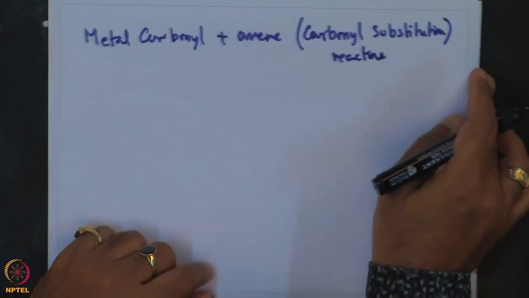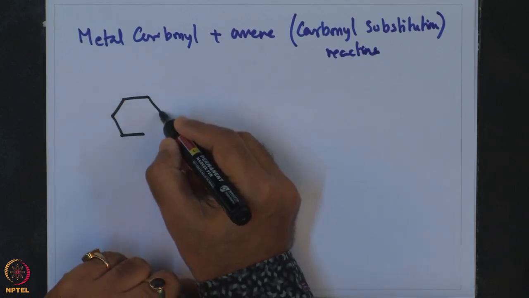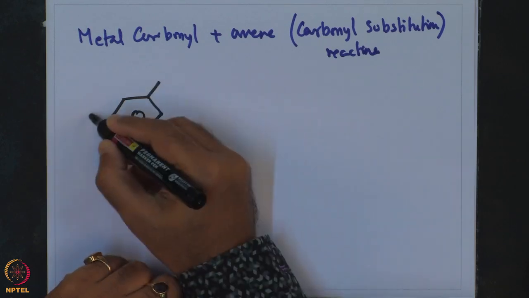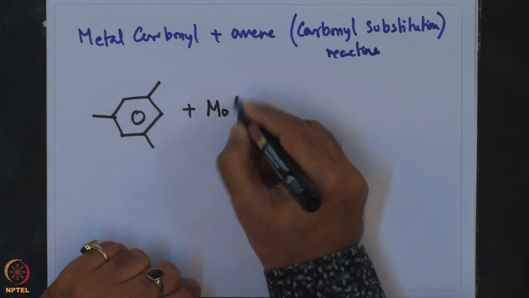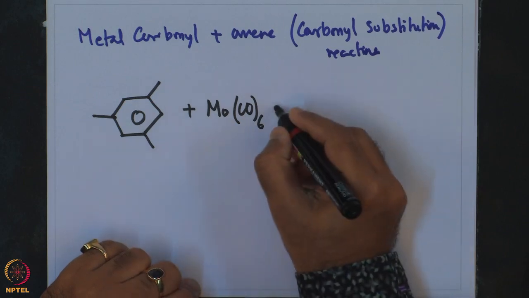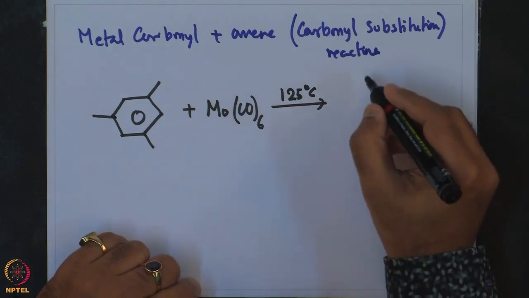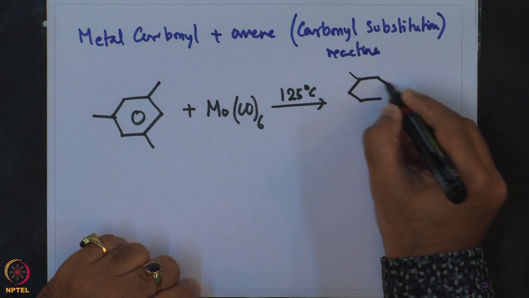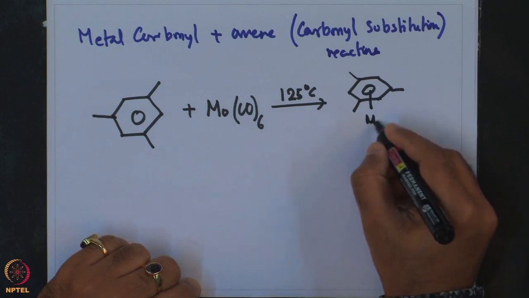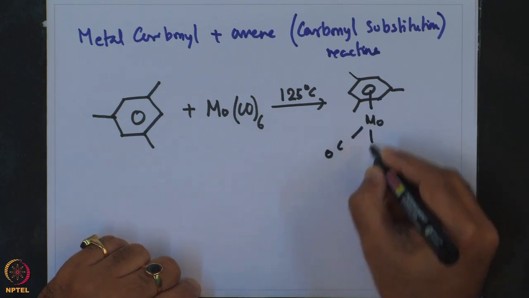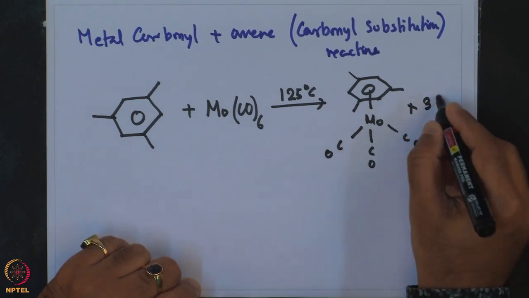And this is given as trimethylbenzene plus molybdenum hexacarbonyl at 125 degrees centigrade, giving arene molybdenum tricarbonyl complexes plus 3 CO.